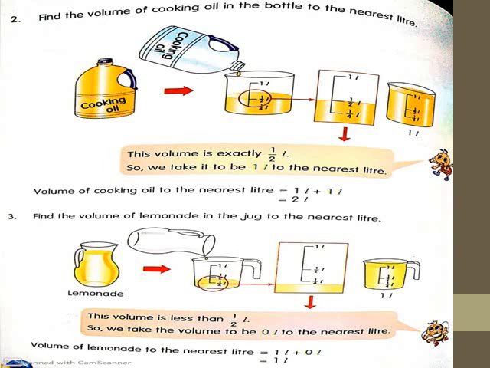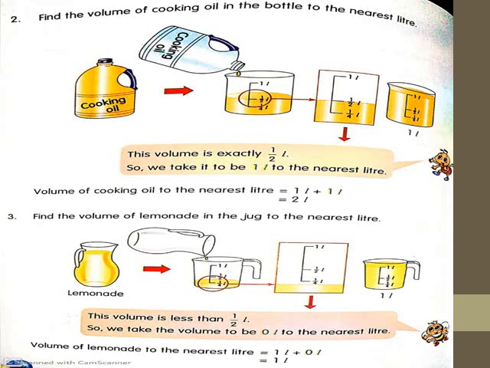When I look at question number 3, which says find the volume of lemonade in the jug to the nearest liter, again they are asking for the nearest liter. So I will start putting this lemonade in the beaker first, and it is full now, 1 liter. Then when I put some in the second container, it is not even reaching the quarter liter, it is even less than quarter liter.